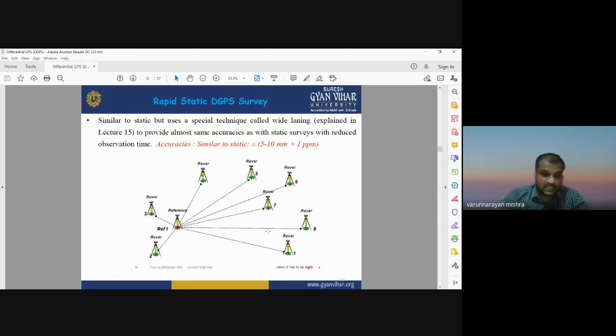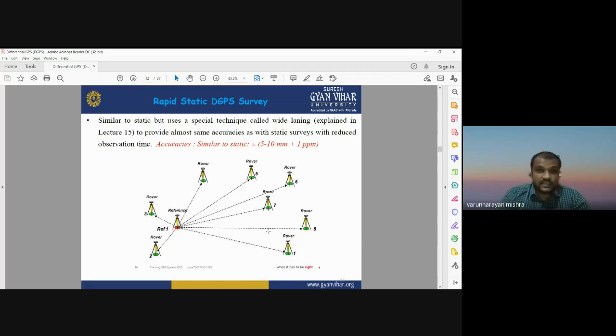But in static survey, you need to wait 1 to 2 hours for the coordinates, so it is not possible to cover a larger area. You can have only 4 to 5 locations in a day in a static DGPS survey, because you need to wait 1 to 2 hours.